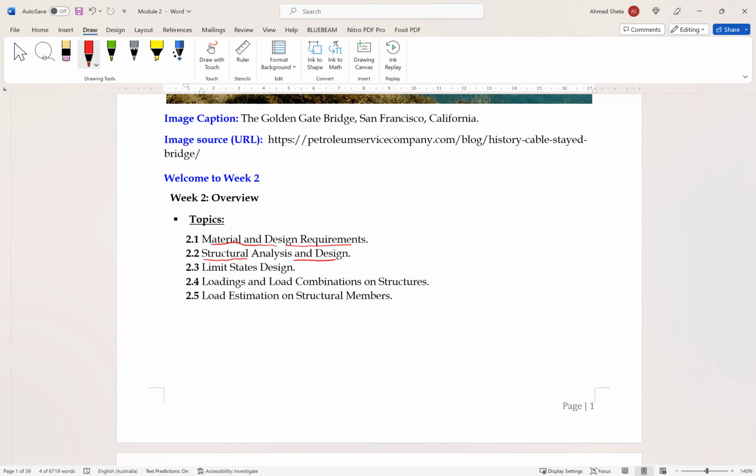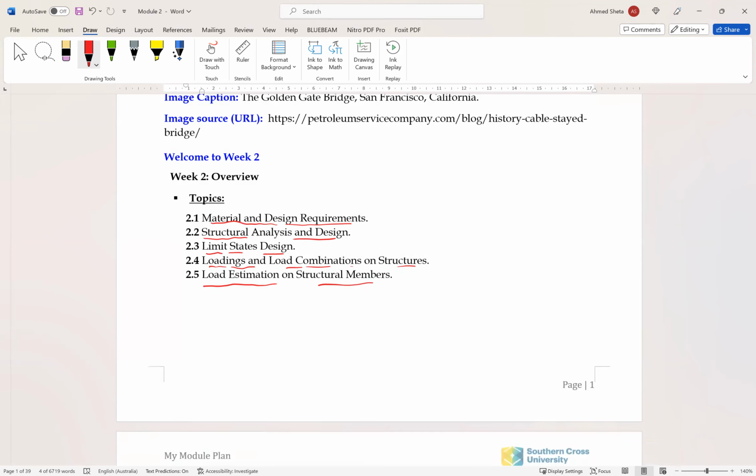The third topic is Limit State Design. The fourth topic is loading and load combination on structures. The fifth topic is load estimation on structure members. Today I will focus only on the equations part and numerical problems, but I will go through the topics briefly.